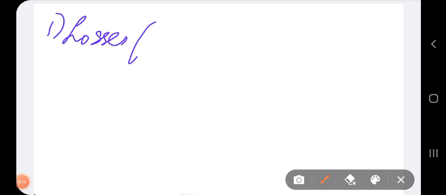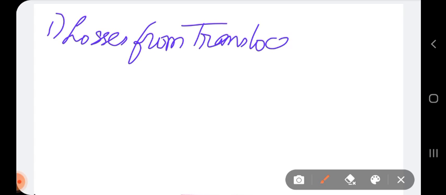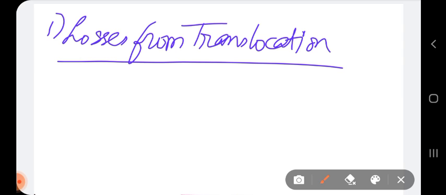What are the causes of deletion? Largely, the first cause of deletion is loss from translocation. Now you know translocation.